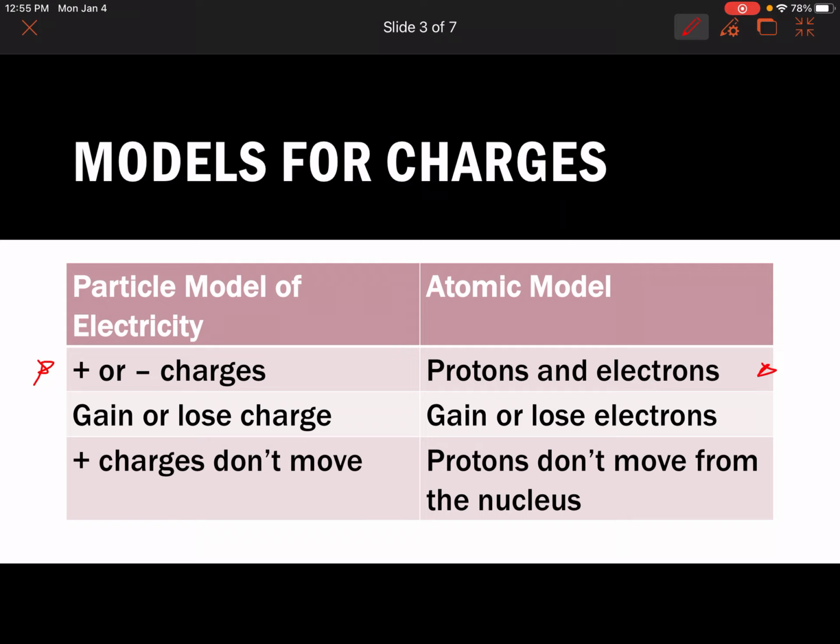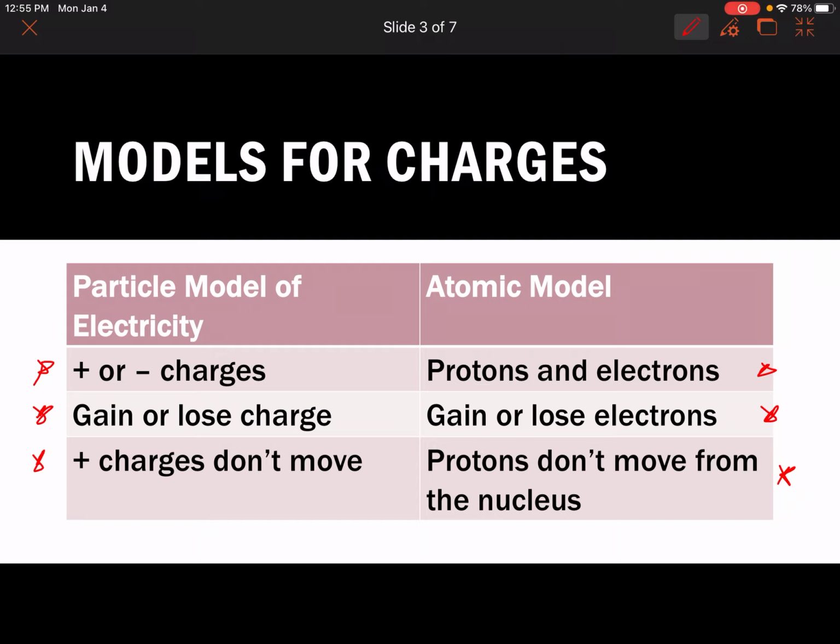In the electricity model we gain or lose charge. In the atomic model, we gain or lose electrons specifically. In the electricity model, positive charges don't move, and that is the same for the atomic model, in that protons don't move from the nucleus, right? So the protons are trapped inside the nucleus, only the electrons move.